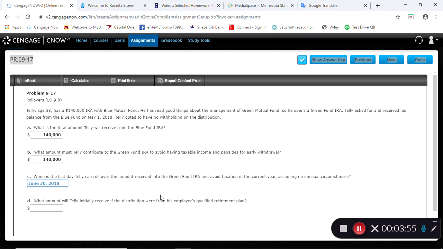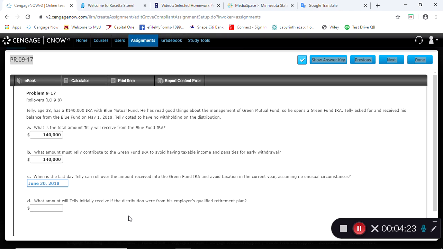And then part D, what amount will Telly initially receive if the distribution were from his employer's qualified retirement plan? So if it was his employer's qualified retirement plan, then they are required to withhold that 20%. So he would only get 80% of the money. So if we put in our calculators, just getting my calculator opened up here.